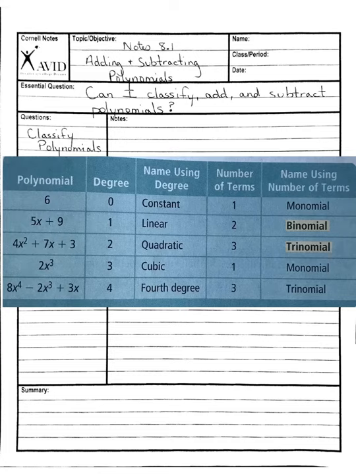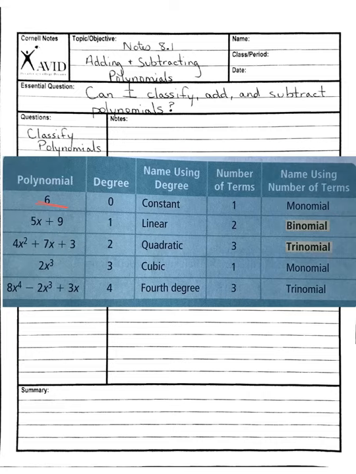As we look at my chart here, you might want to pause this to write this down, okay? I'm going to discuss each of these. The very first one, we call it a monomial, meaning that it has one term. And this one term is the 6.